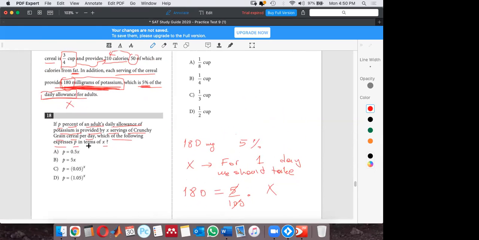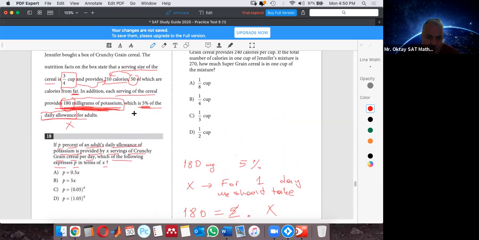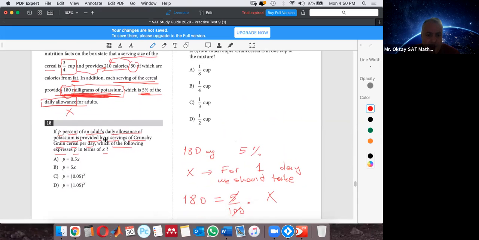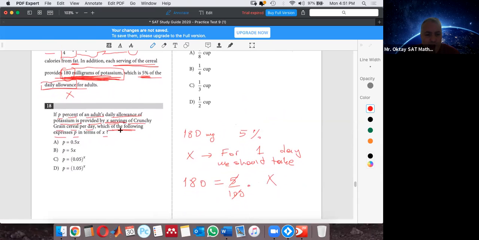The problem is understanding the question, so we should read carefully. In addition, each serving of cereal provides 180 milligrams. Each serving, so it says X servings. So this is one serving, and it says X servings.